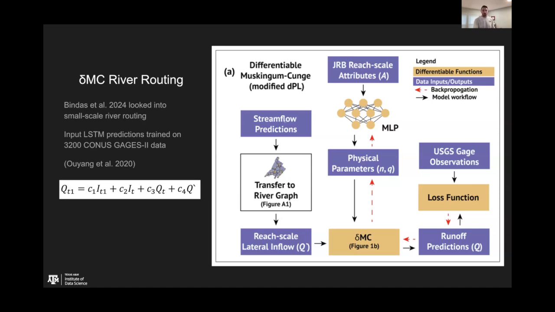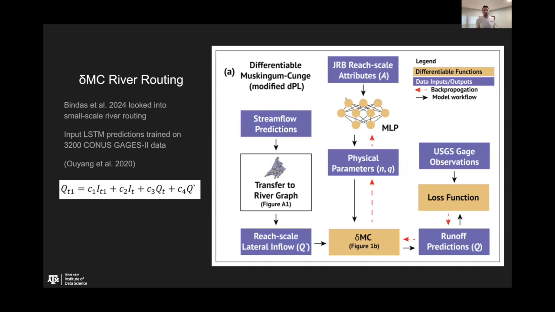So in our differentiable parameter learning or differentiable modeling approach, we take attributes that are just static at the river reach scale, such as upstream area. So like how much water is coming from upstream. Is it a lot? Is it a little? With slope, elevation, sinuosity, how wiggly the stream is, and put those into a multi-layer perceptron.